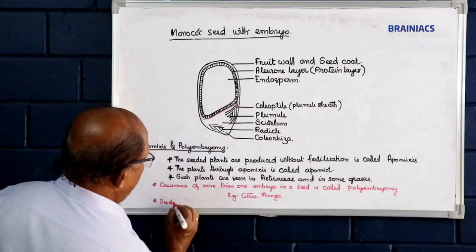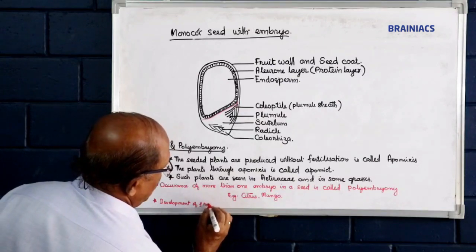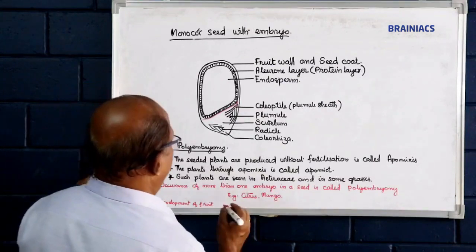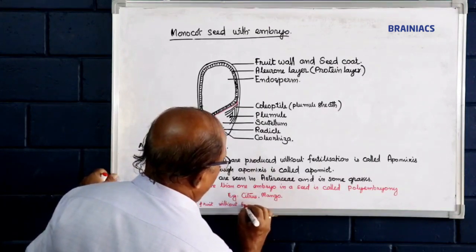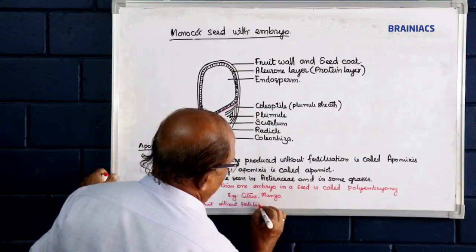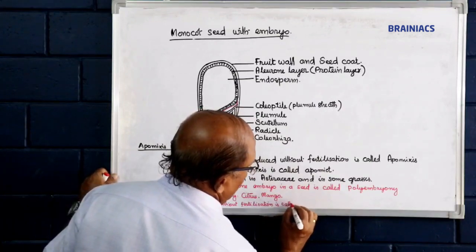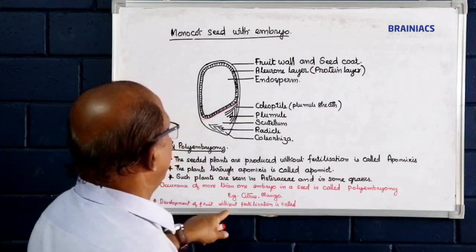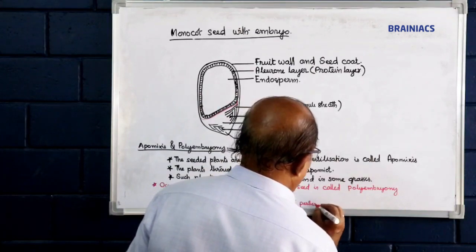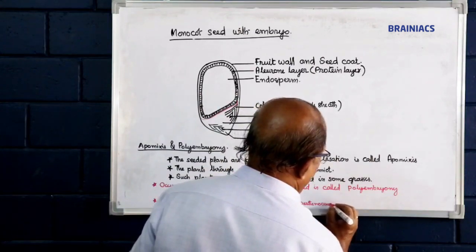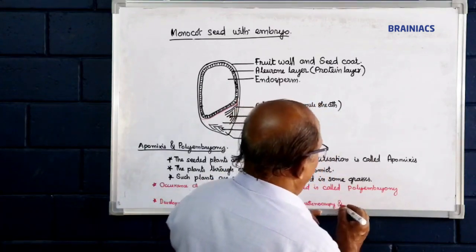Development of fruits without fertilization is called parthenocarpy. And such fruits are called parthenocarpic fruits.